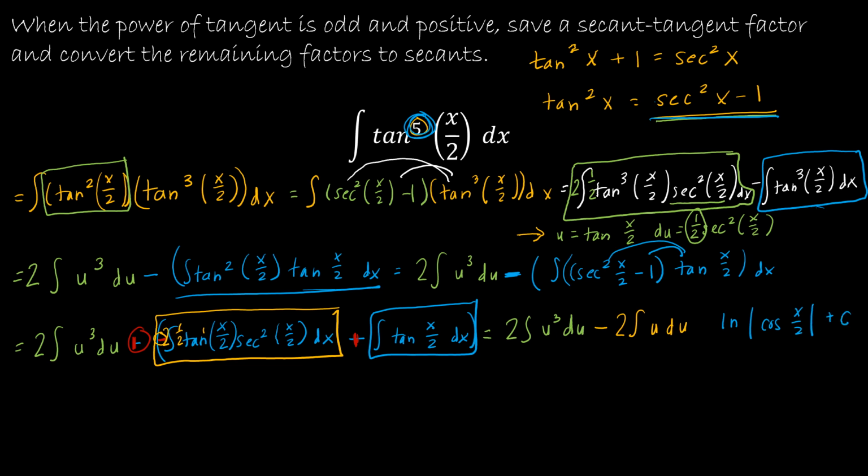And then again, because it's divided by 2 here, I'm going to have a 2 out front. So this is a plus 2 times the natural log of the absolute value of cosine of x over 2 plus c.